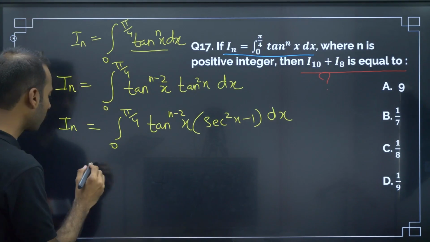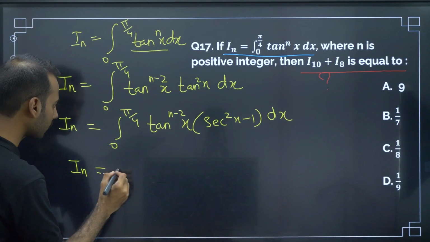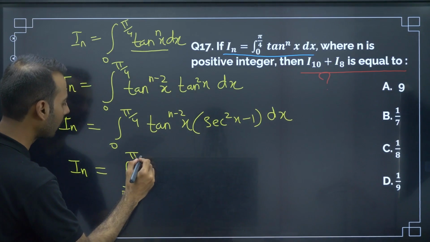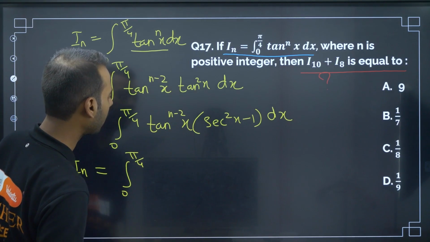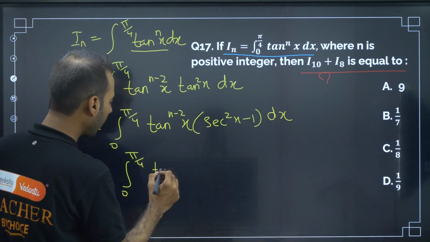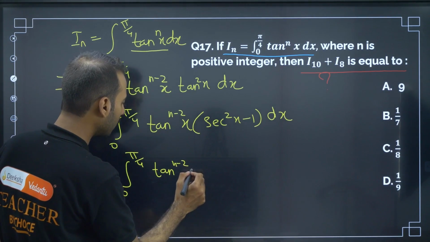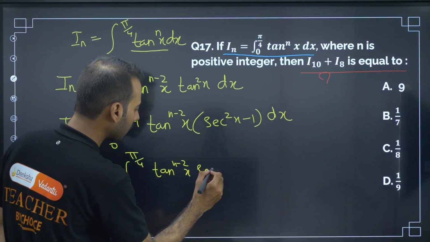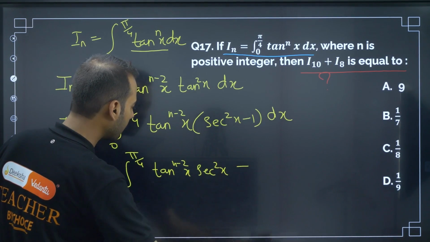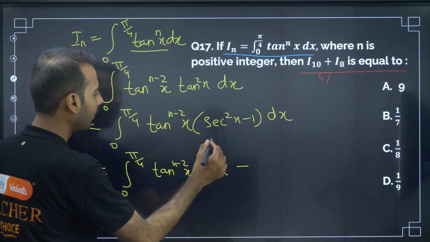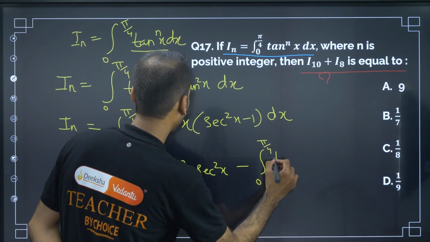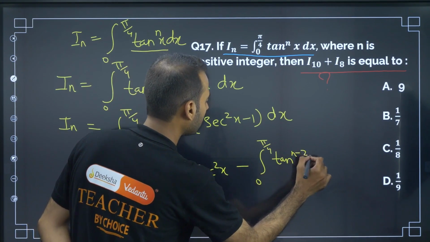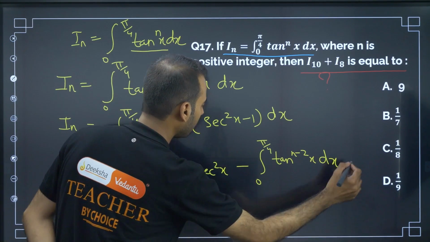So In is equal to the integral from 0 to pi by 4 of tan n minus 2 x secant square x dx minus the integral from 0 to pi by 4 of tan n minus 2 x dx.